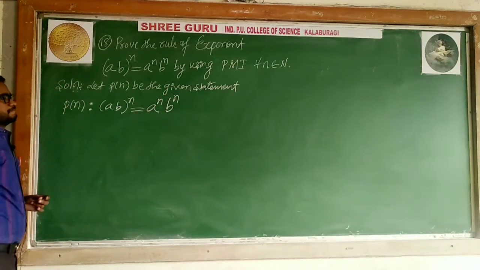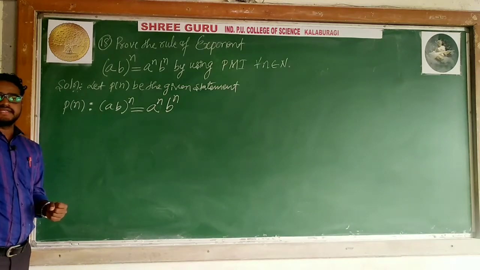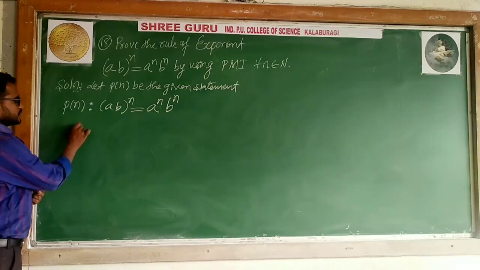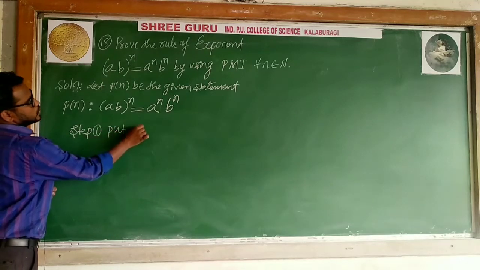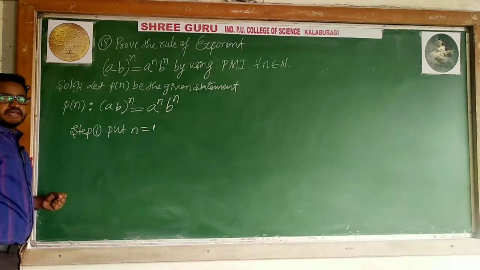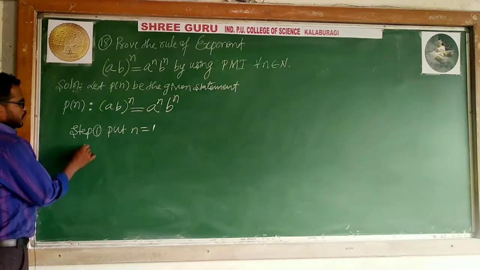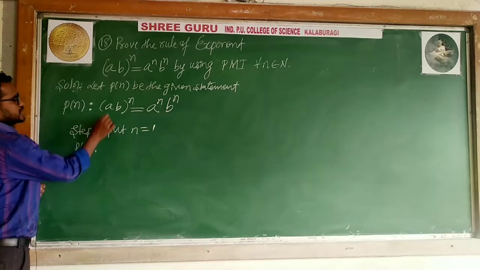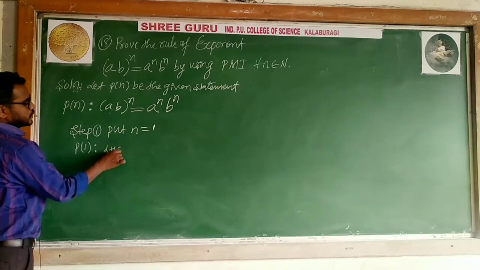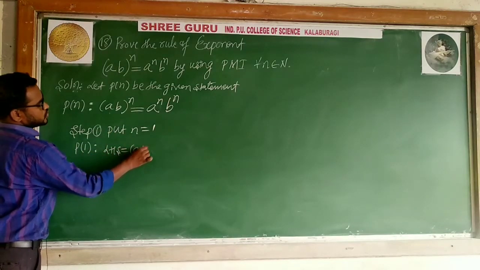Listen to me. Now I will take step 1. Step 1: put n is equal to 1, substitute 1 in place of n. What is P of 1? What is LHS? LHS is equal to AB whole to the power n.